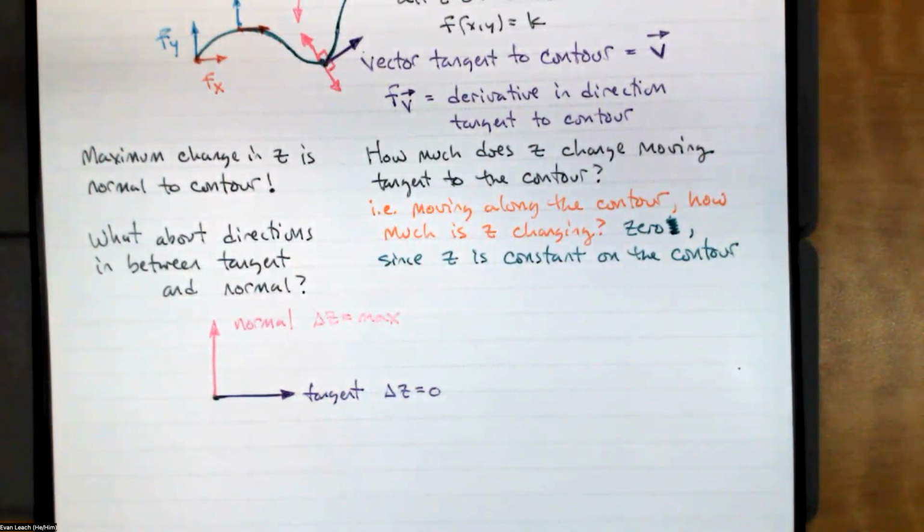So this is the scenario we're dealing with. We're moving tangent. This is like a top view moving along some contour.